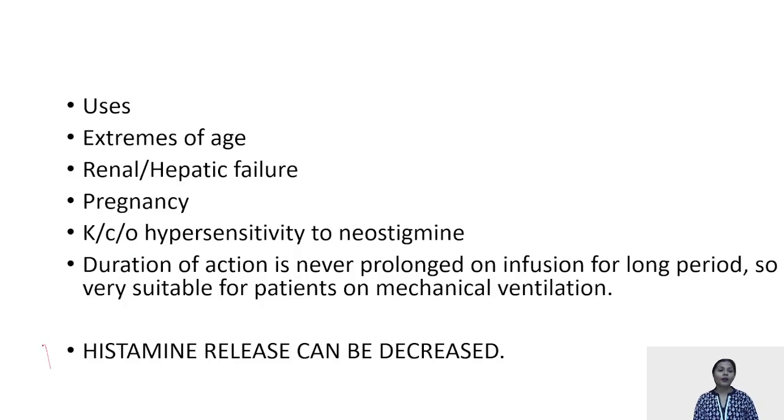Now, talking about a very, very important concept and 5-star question, that is the histamine release that I was talking about. See, the histamine release of atracurium can be decreased. Actually, cis-atracurium is quite an expensive drug. So, if you can decrease the release of histamine, maybe atracurium can be used in a lot of cases.